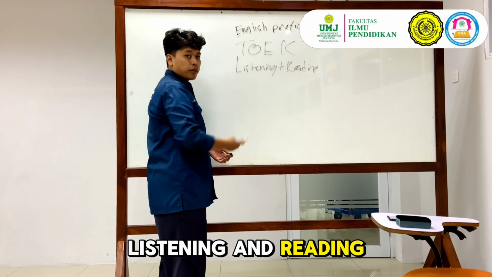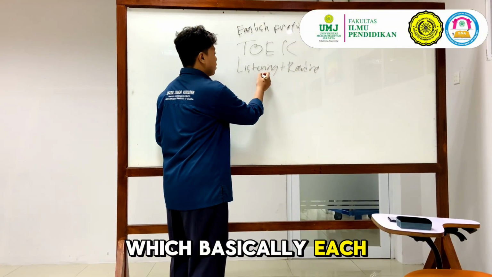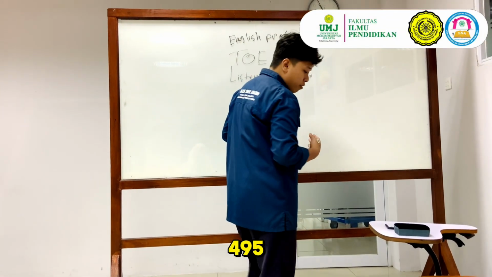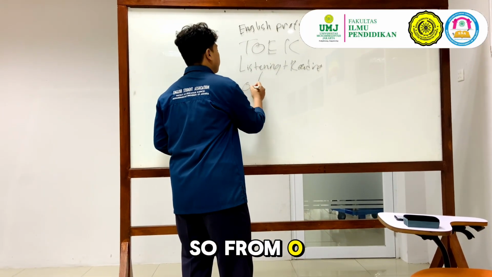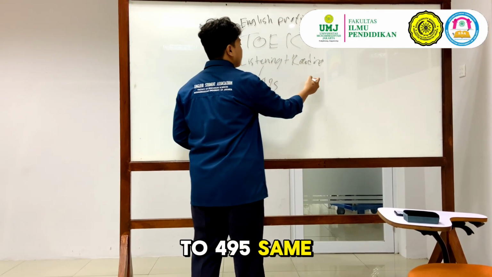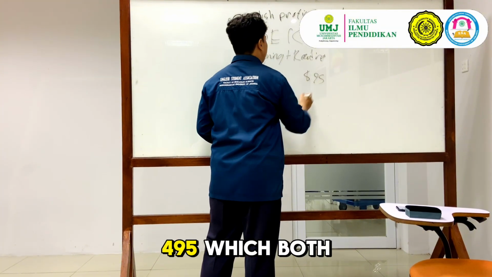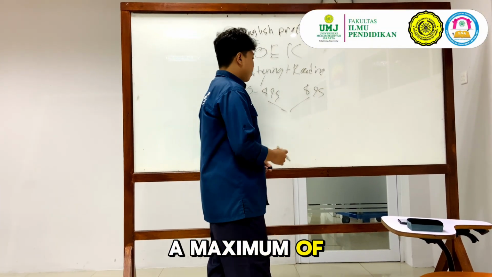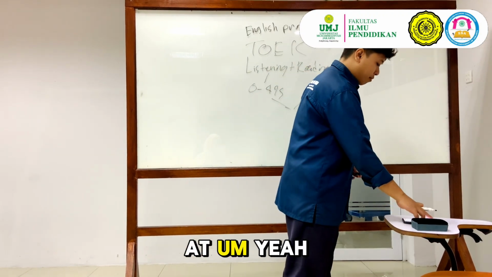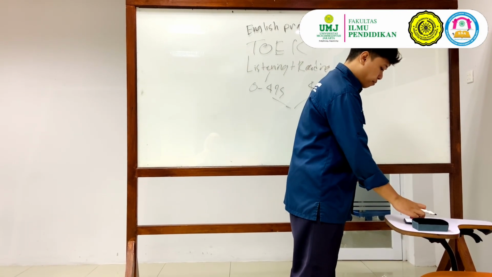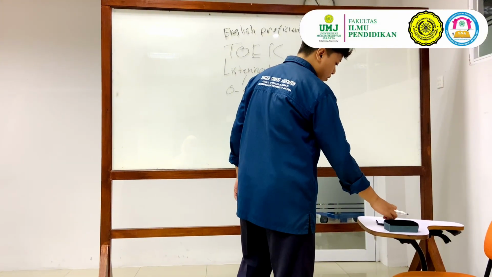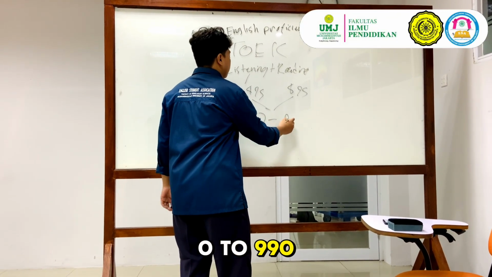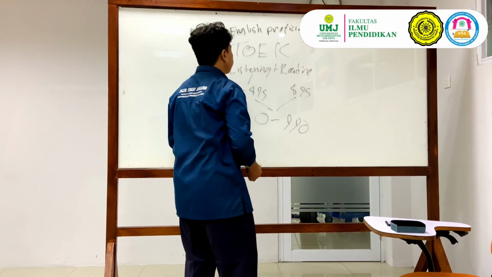So we use listening and reading, and each test has a maximum score of 495, so from 0 to 495. Both scores accumulate to a maximum of 990.